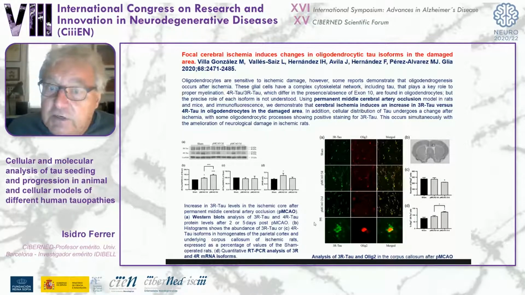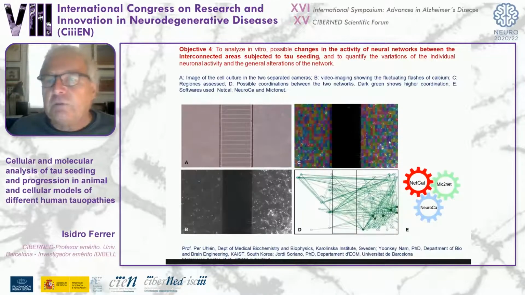So this is another, completely different model, in which under certain conditions the splicing of tau is modified under pathological conditions.